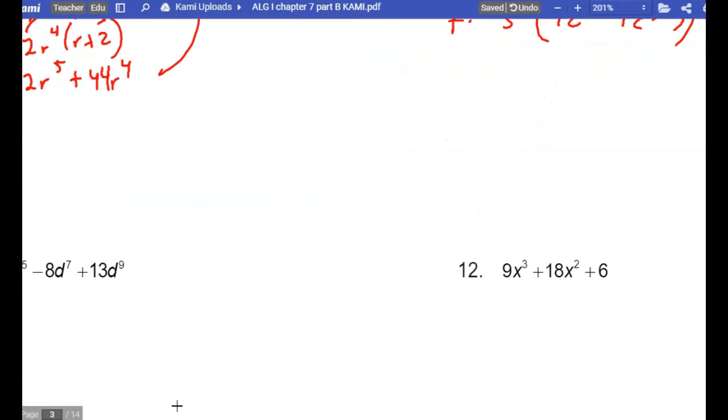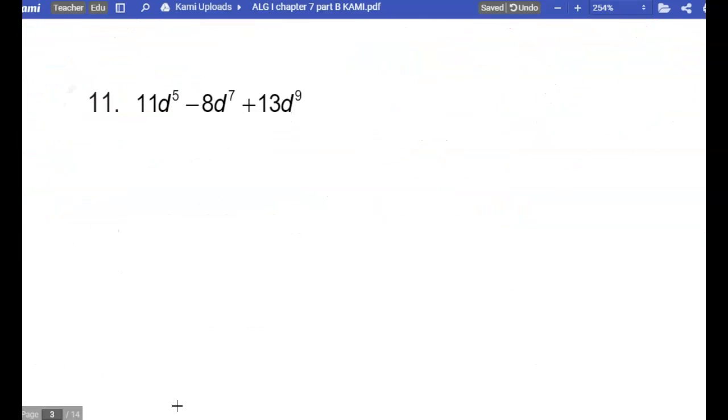Okay, we'll do two more of these. When I look here, this one's a little easier because for my GCF, I start with the smallest number. Well, 8 doesn't go into 13, and that's a prime number. 8 doesn't go into 11, also a prime number. So I'm only looking at the d's.